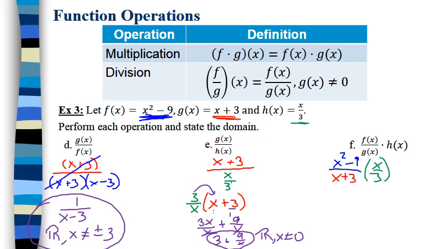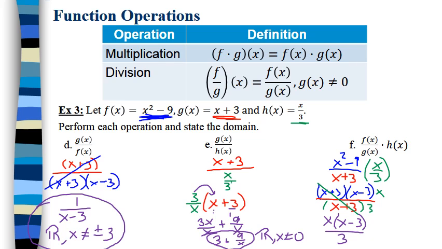So we know that that is x plus 3 times x minus 3 over x plus 3. And then if we multiply in the x and the 3, now we have x plus 3 divided by x plus 3 is 1. So we have x plus 3 times x over 3 as our final answer, because x is in the numerator, and we have x minus 3 all over 3.